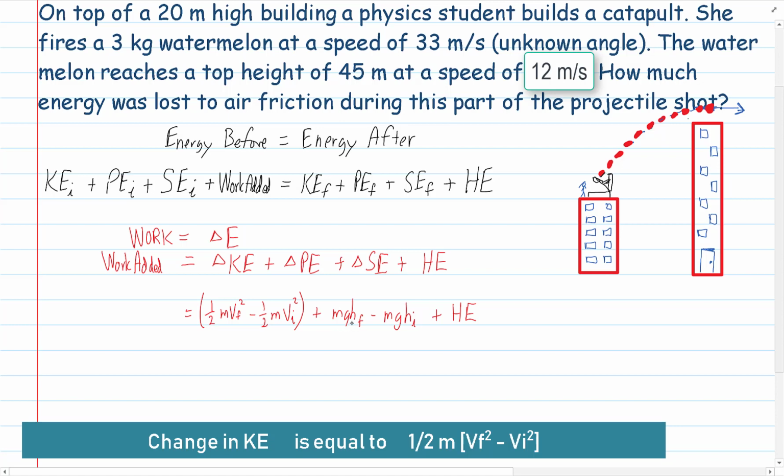This is mghf minus mghi, and that can be just mg times hf minus hi, plus the heat energy.